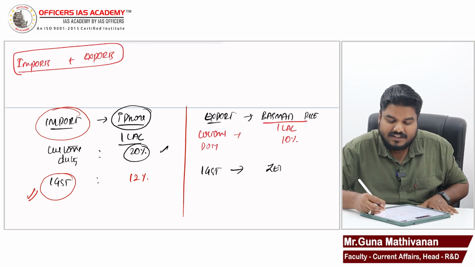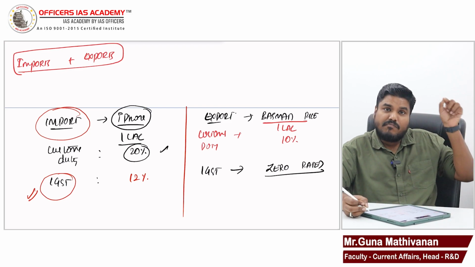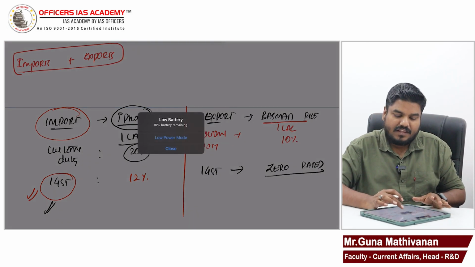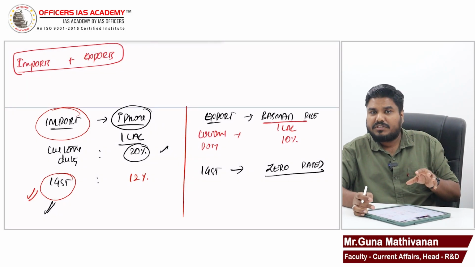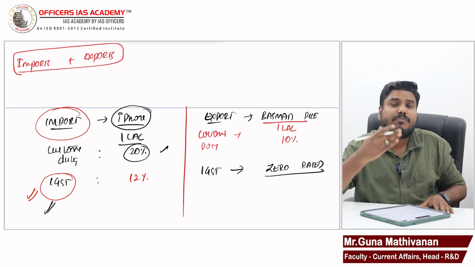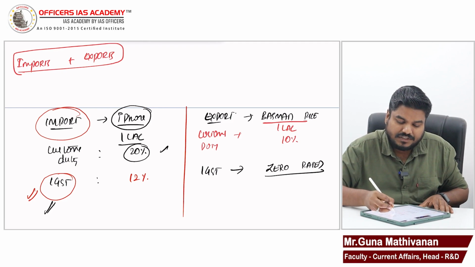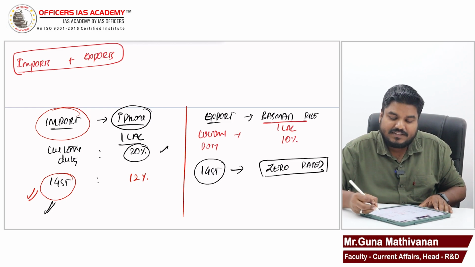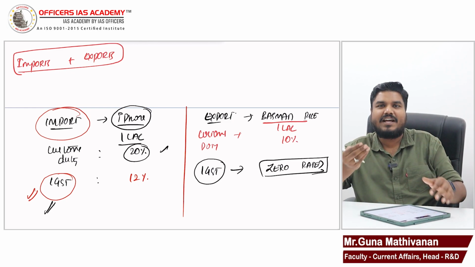IGST is 0 rated. That is, on import we are collecting IGST. But on exports, the IGST is as of now 0 rated. That is, we are not putting additional tax.